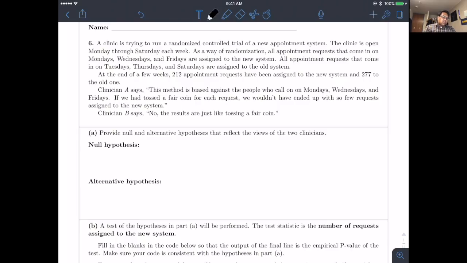So our null hypothesis, what we believe right now, is this method is fair, right? Because that's what we assume right now, because we're assigning them with equal amounts of days, Monday, Wednesday, Friday, Tuesday, Thursday, Saturday, it should be fair, right?